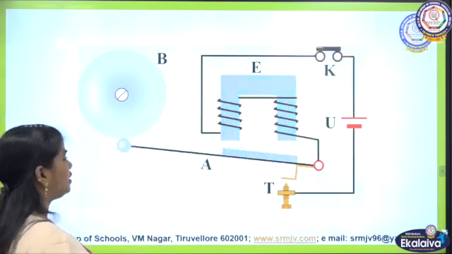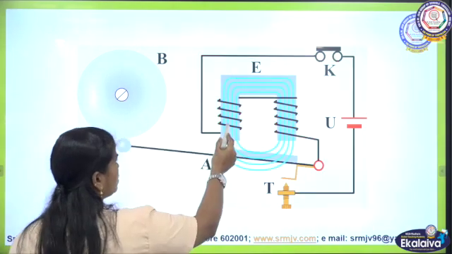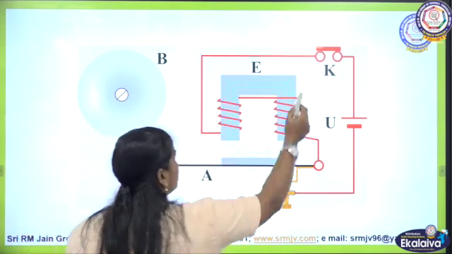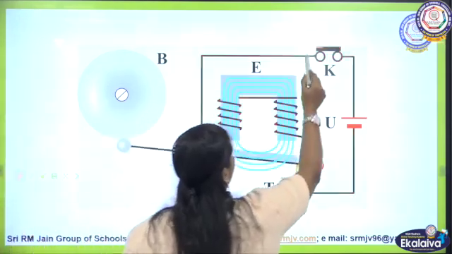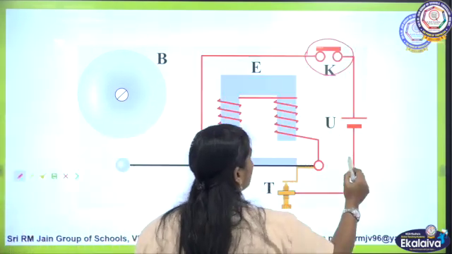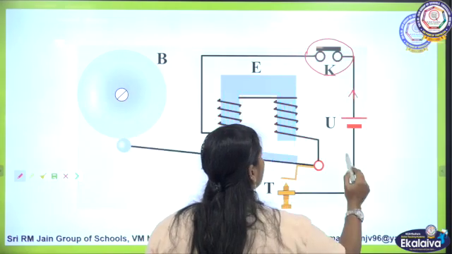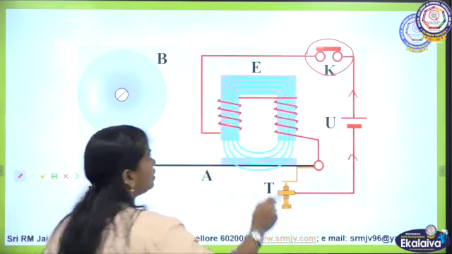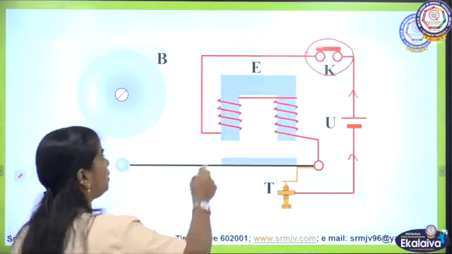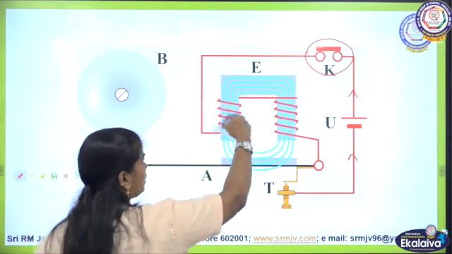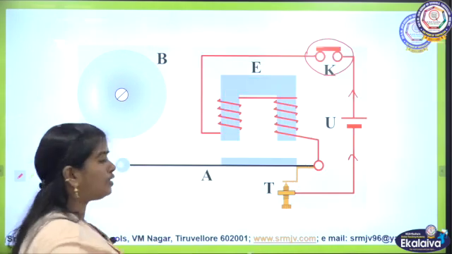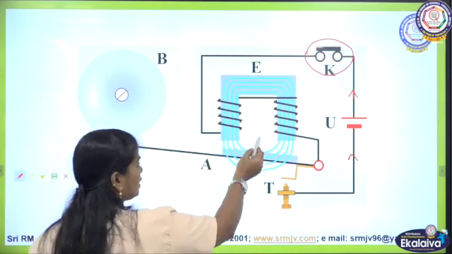Here you can see that when the key is closed, the circuit is getting complete, so the charges start to flow, and because of that this becomes an electromagnet. An electromagnet produces a magnetic field around it, so it will attract the strip.